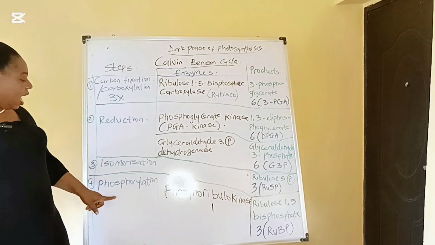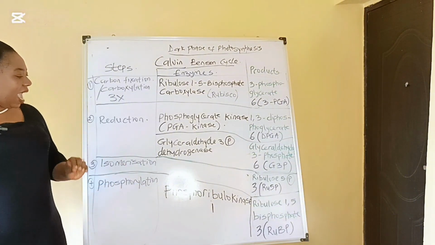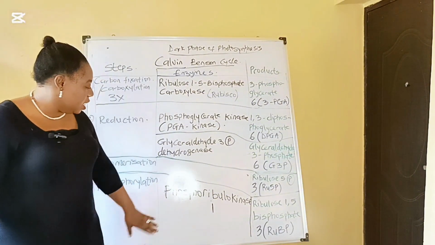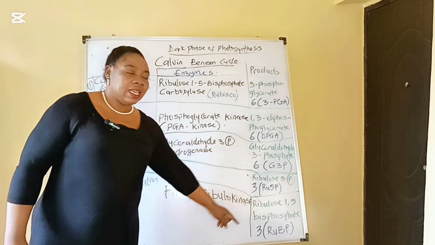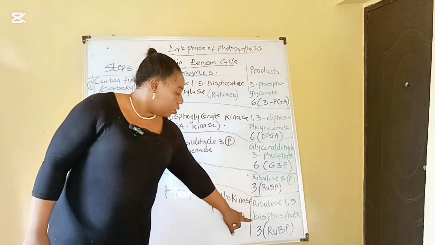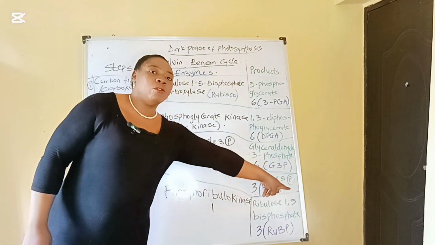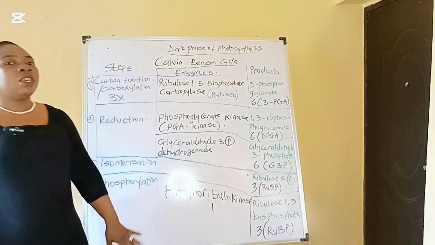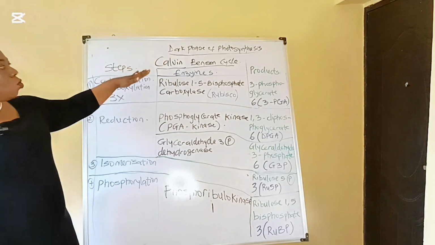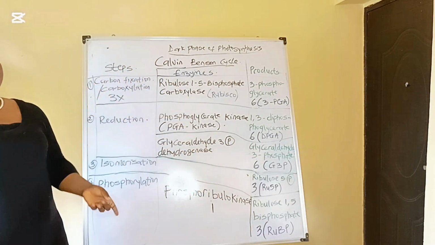Now, for the last step, which is the phosphorylation step, the enzyme that will catalyze that reaction is phosphoribulokinase, and the product we will finally get from this step is 3 molecules of ribulose 1,5-bisphosphate, which is what we started with in the first place. And with this, the cycle will continue.